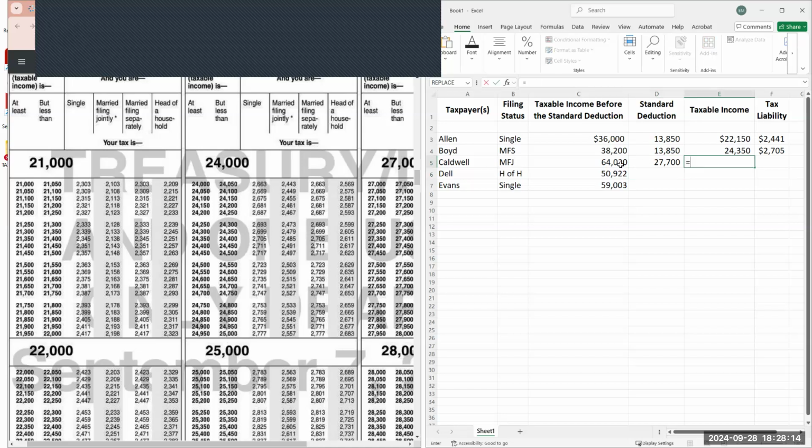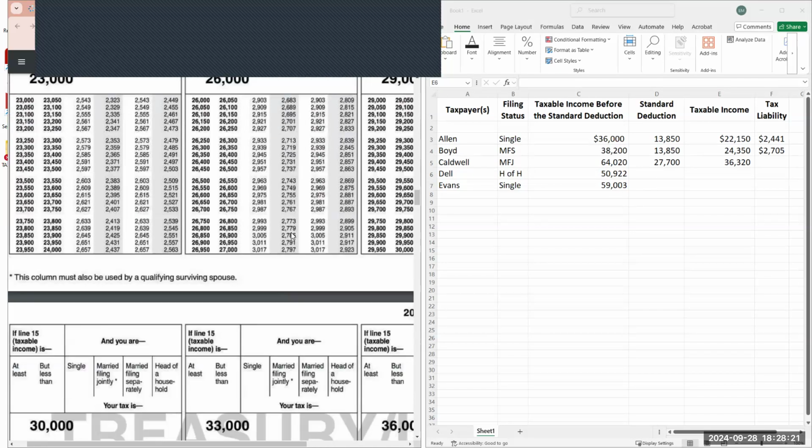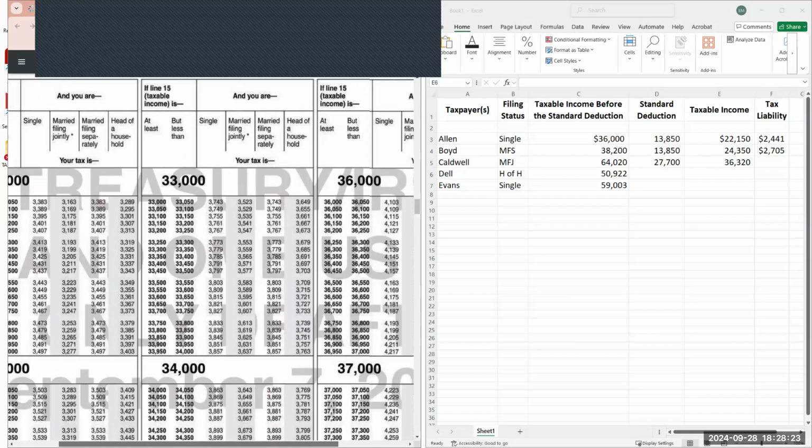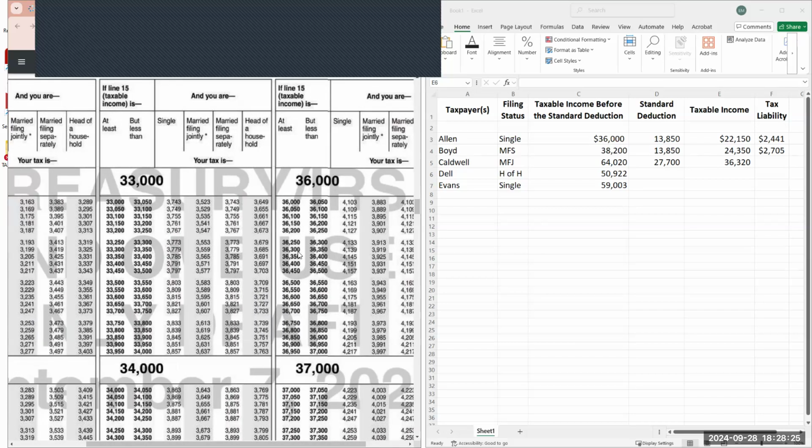So our taxable income is $36,320. So we go to the tax table, 36,000. And the range falls between 36,300 and 36,350, married filing joint. So we basically connect the dots. The tax liability is $3,919.